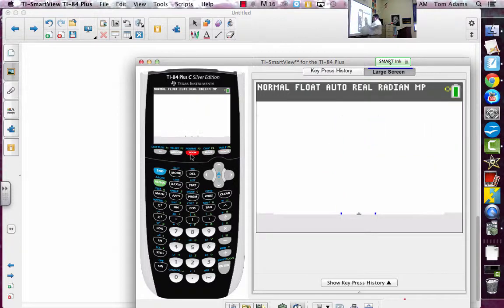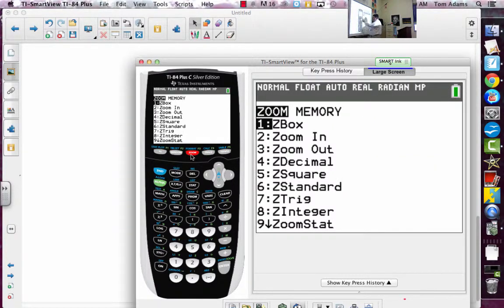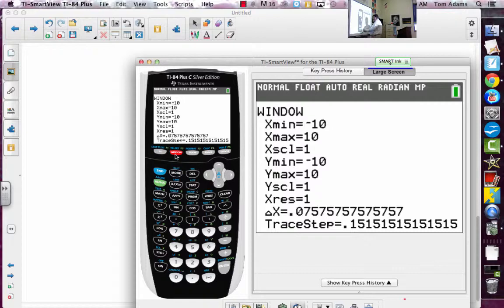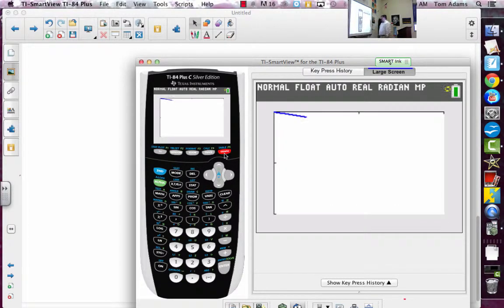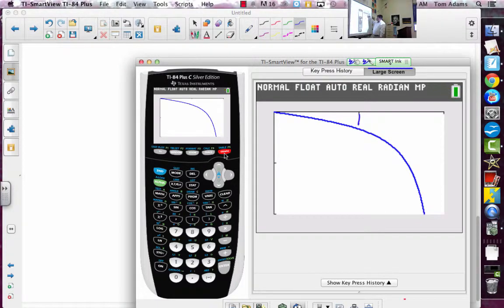I'm going to zoom in because we want the area under the curve from 0 to 1. So I'm going to go from 0 to 2, and my y value was negative because the area under the curve was negative, so I'm going to go from a min of negative 2 to 0. Let's graph that. What we're trying to calculate is the area under the curve from all this stuff here, so let's let the calculator do that.